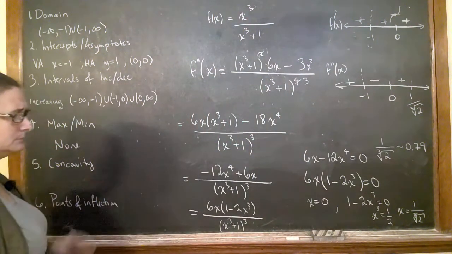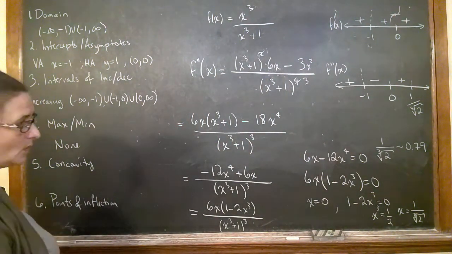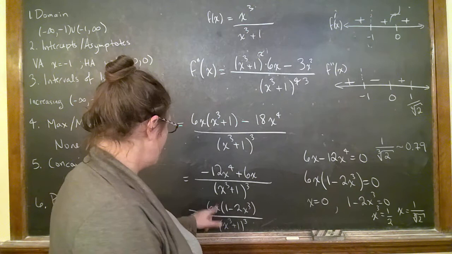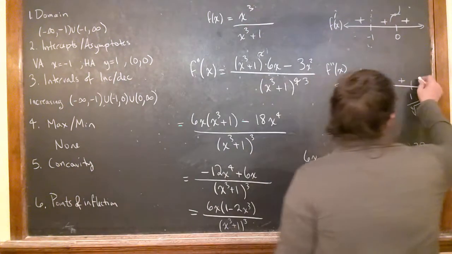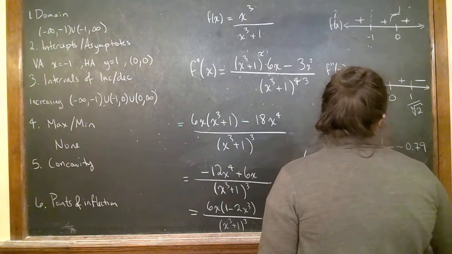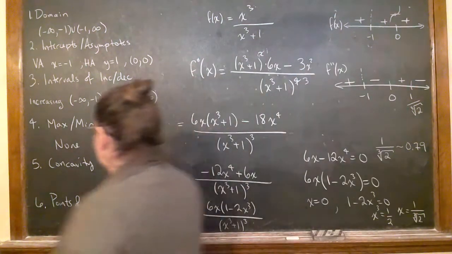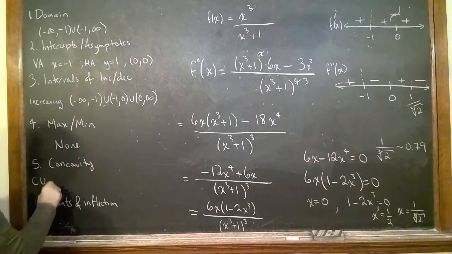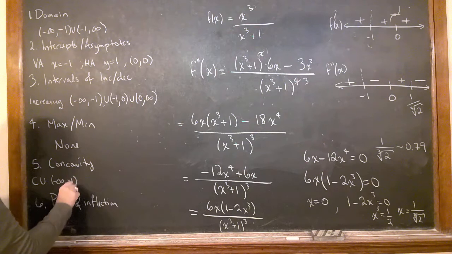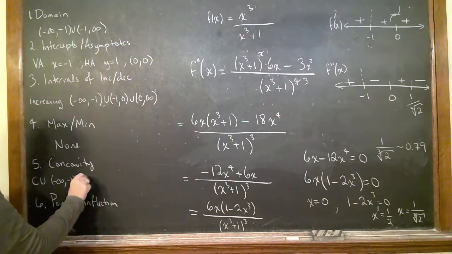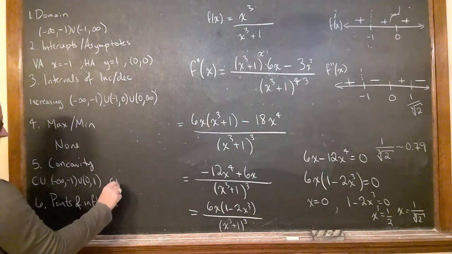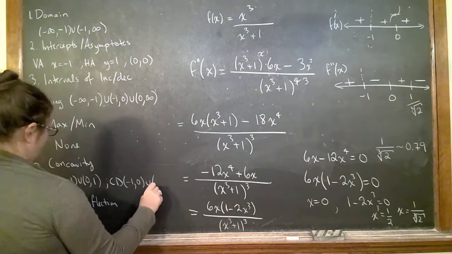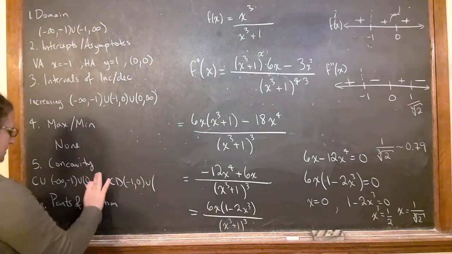And then let me put in something bigger than 1 over cube root of 2. So if I put in 1, I've got positive, positive, negative, I've got something negative. Okay, so we have 2 points of inflection. So my concavity, I'm concave up from negative infinity to my asymptote and from 0 to, oh no, this is not 1.